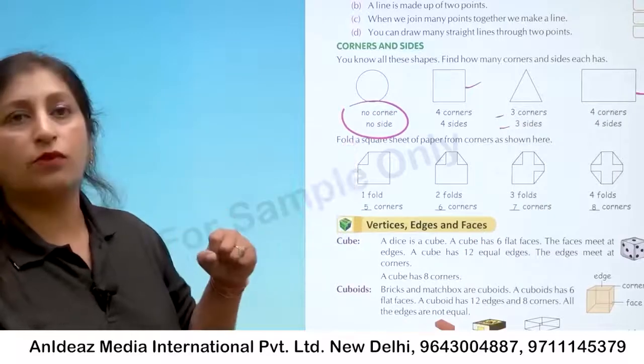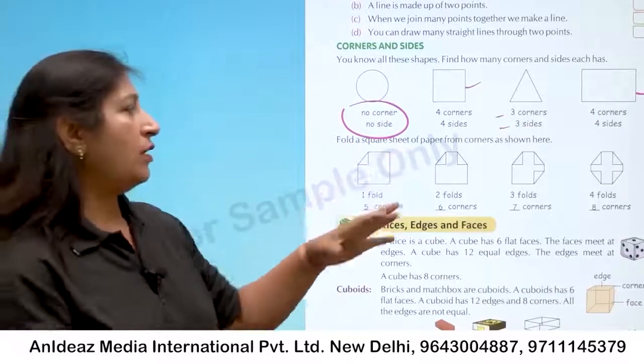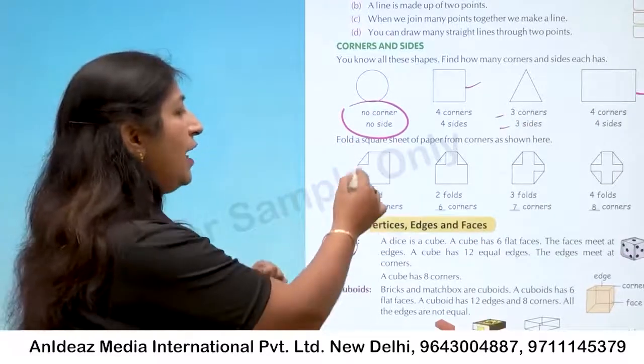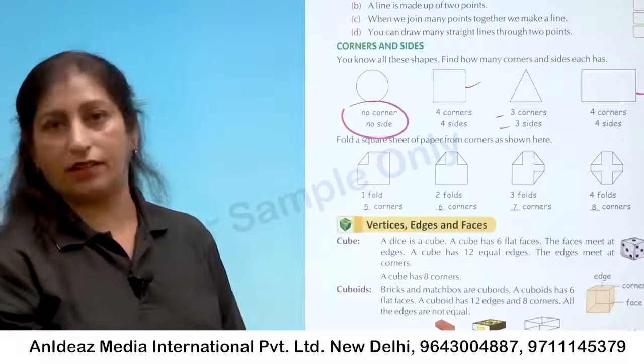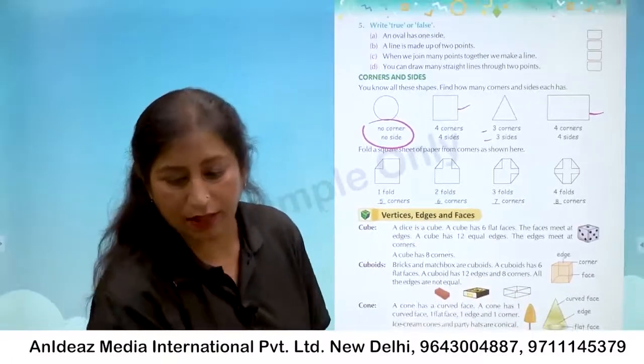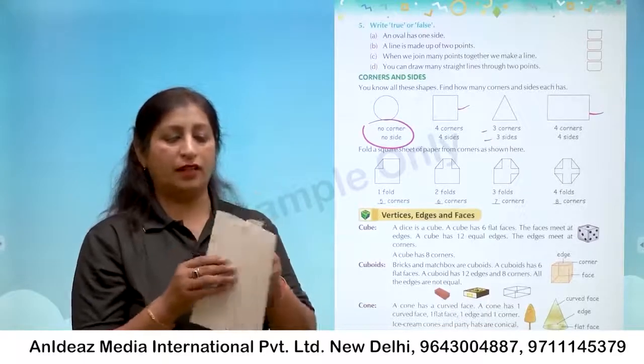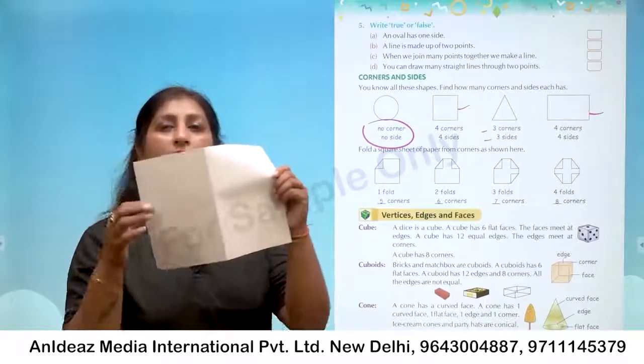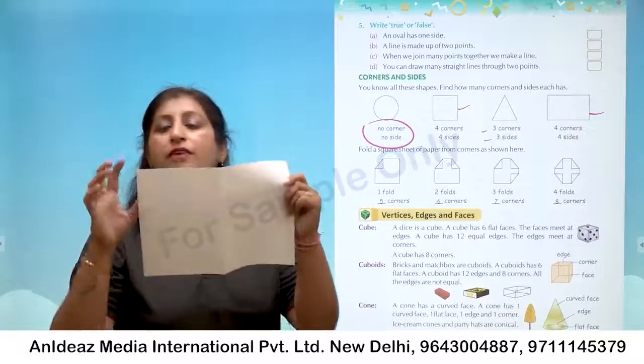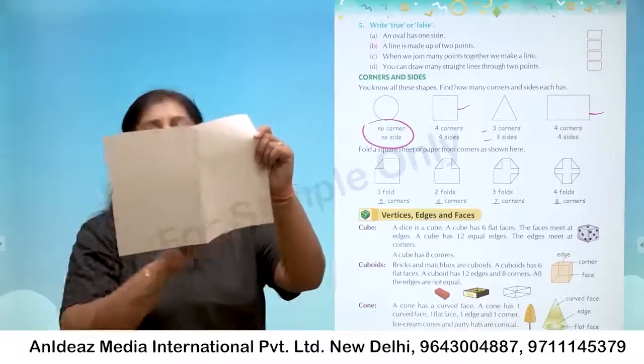If you fold the corners of a square sheet, then you can get 5 corners. You can see over here that if you fold the corners of this sheet, here this is a rectangular shape. It means it has 4 corners, 1, 2, 3, 4.